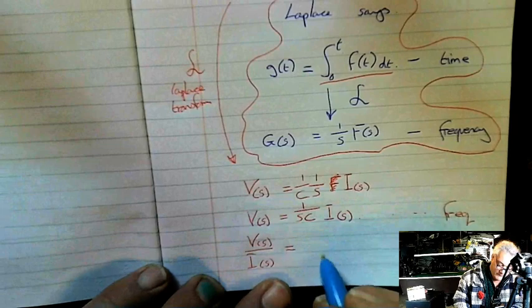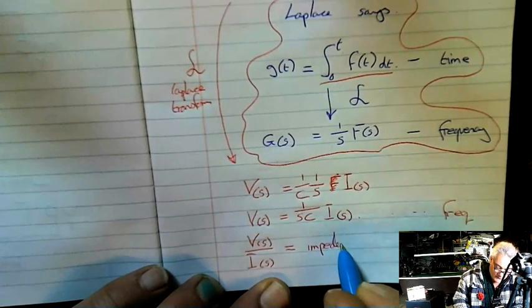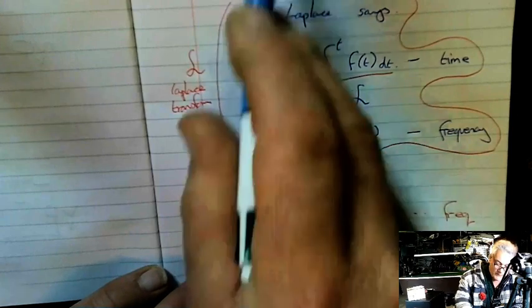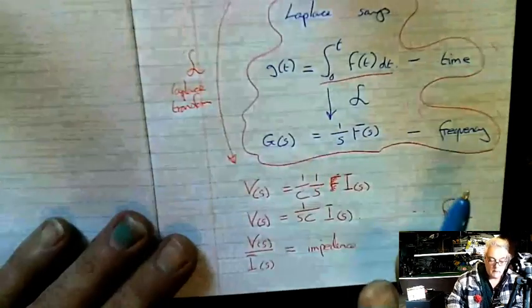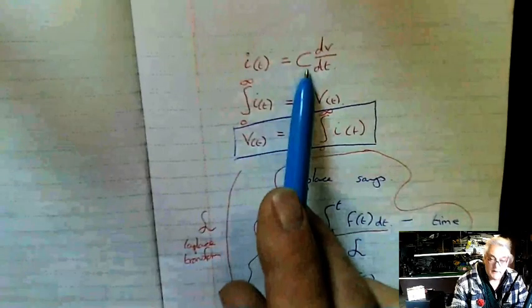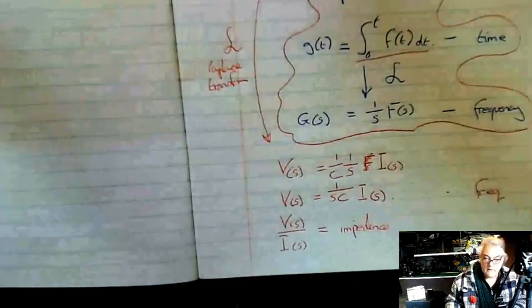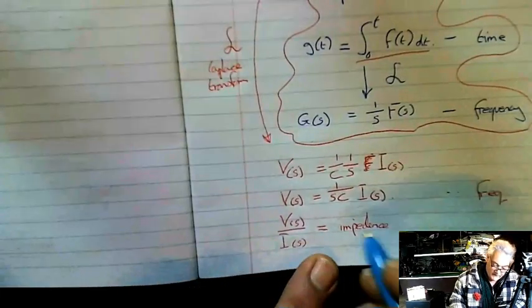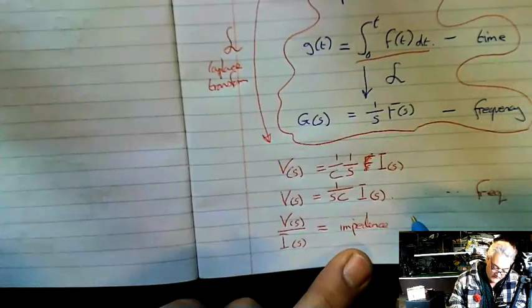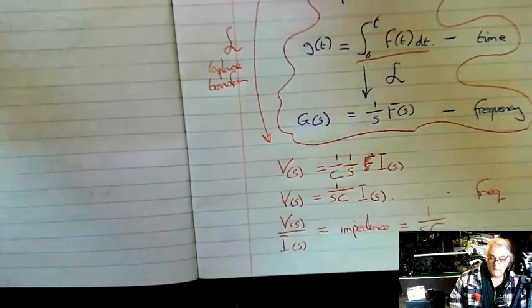So v of s upon I of s is the impedance of a capacitor, because that's what we're talking about. Right at the start, we were talking about capacitors and their relation to current and voltage. So the impedance of the capacitance is just simply equal to 1 upon SC.